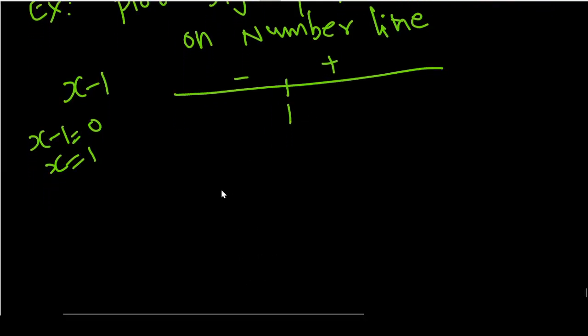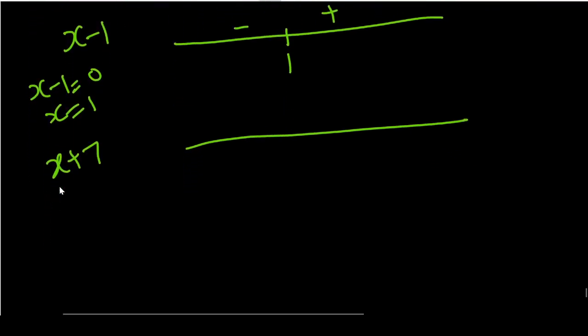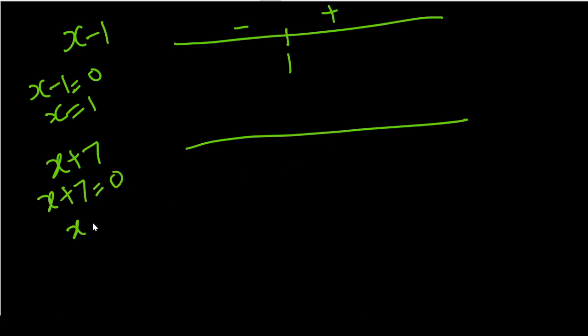Now again for x plus 7 I will plot, which vanishes when x plus 7 becomes 0, at x equals minus 7. So I will plot minus 7 here. It is on the left side of 1, so I plotted it on the left side of 1. Again plus minus.